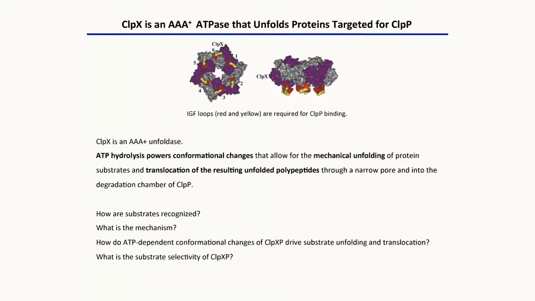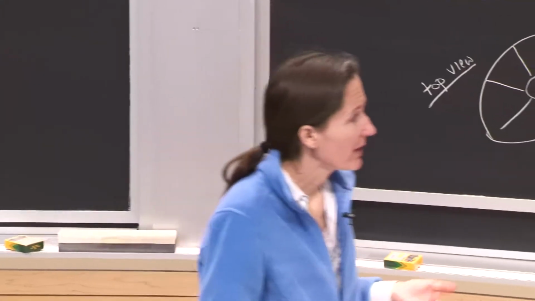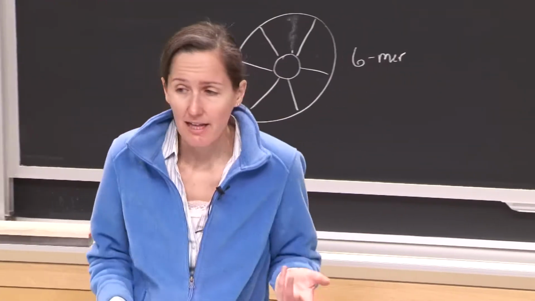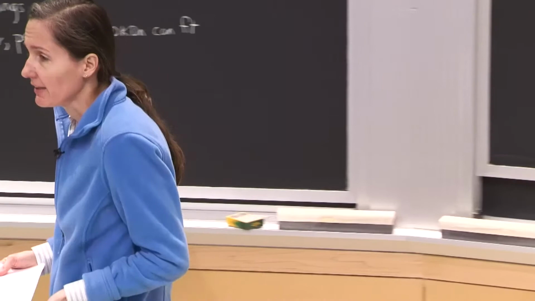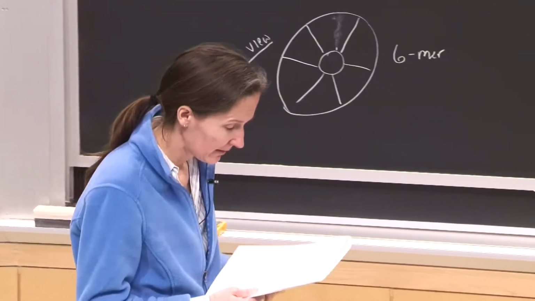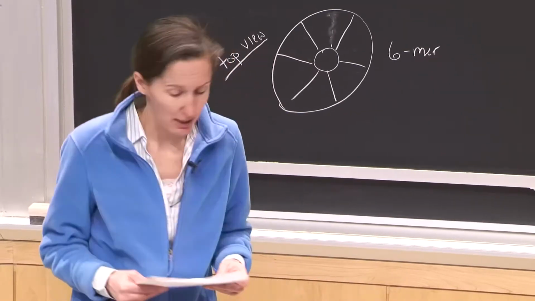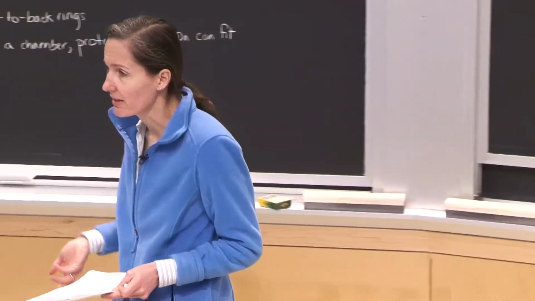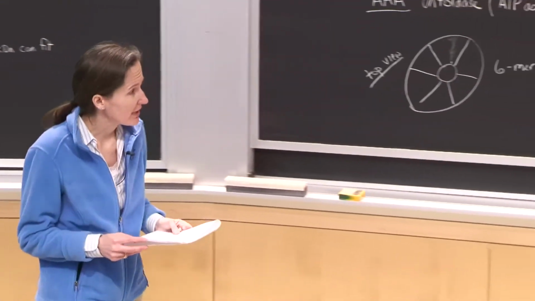Coming back to ClpX and the depiction we saw before, ClpX is an unfoldase. And what's really a key point here is that ATP hydrolysis by ClpX is going to power conformational changes that allow for mechanical unfolding of this protein that's condemned for degradation by ClpP. That's also what's going to allow for translocation of the resulting unfolded protein into the degradation chamber.